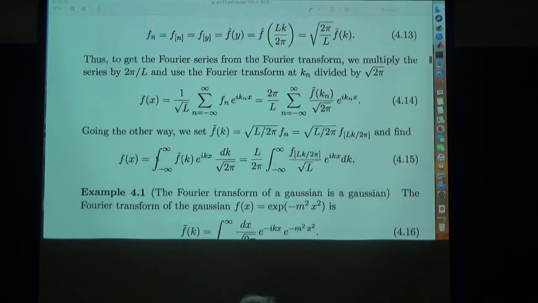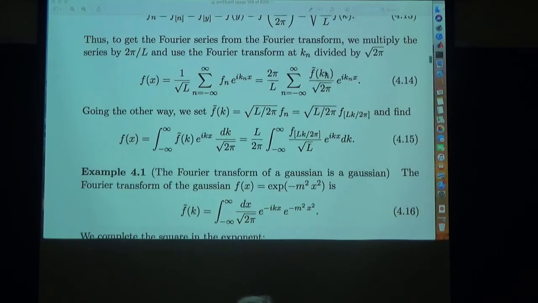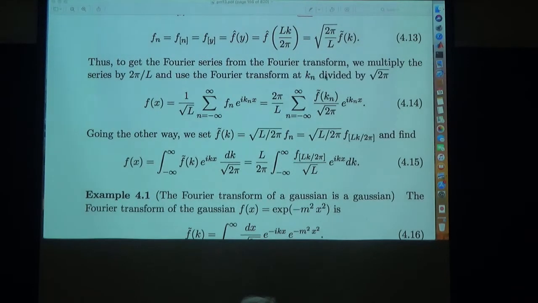And so then you realize that your Fourier series representation looks like this, and can be rewritten in terms of the Fourier transform variable evaluated at discrete momenta, namely k of n.